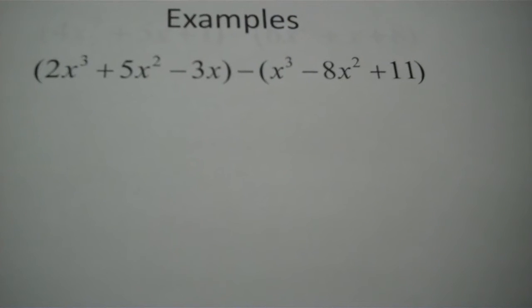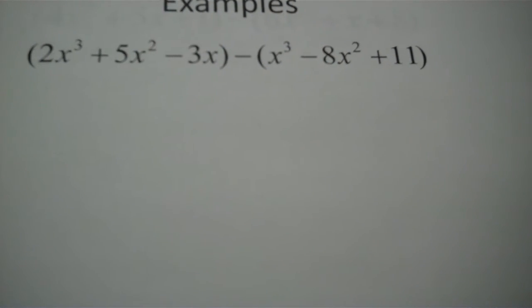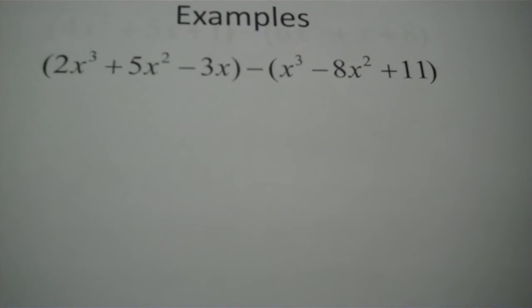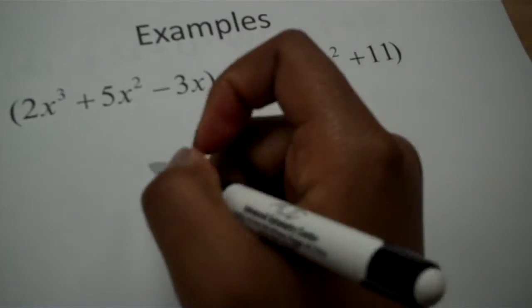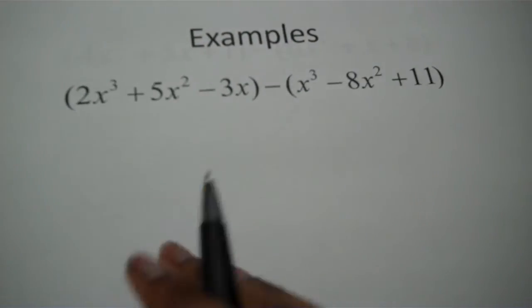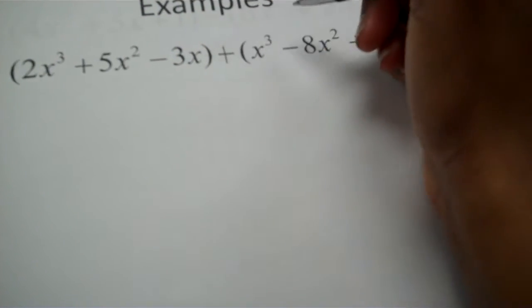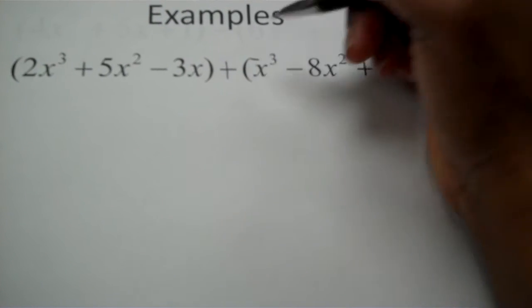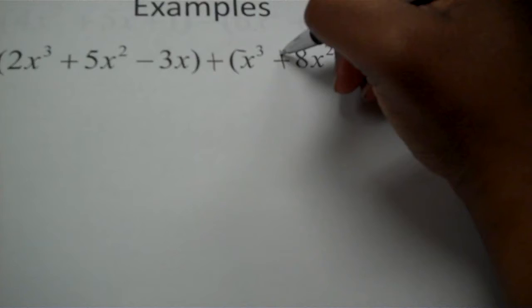First example, you have 2x cubed plus 5x squared minus 3x subtracted from x cubed minus 8x squared plus 11. What we want to do is, horizontally, change this to a plus sign, and then everything in here's sign gets changed. So if that was positive, it now becomes negative. Since this was a minus, it now becomes positive.